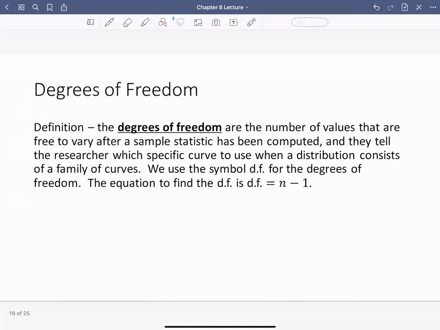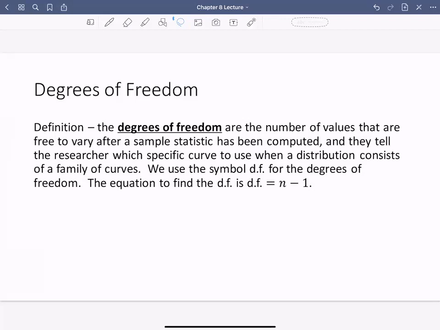All right, so we have something called degrees of freedom. The degrees of freedom basically is saying that if I have so many pieces of my sample, they can do whatever they want until I get this range of where I need to know what I have going on. And so your degrees of freedom is n, your sample size, minus 1.